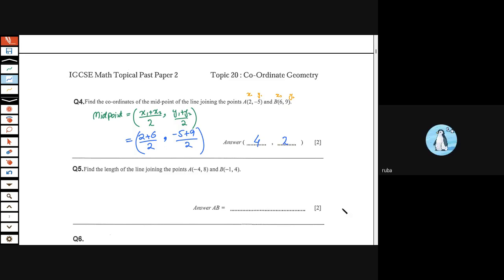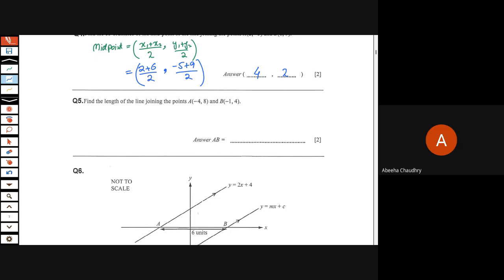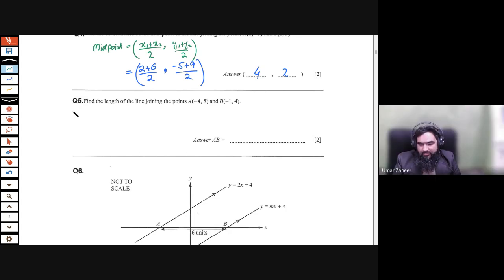Next, it says find the length of the line joining the points A (minus 4, 8) and (minus 1, 4). What is the formula for the distance? What is the formula to find the length of a line?